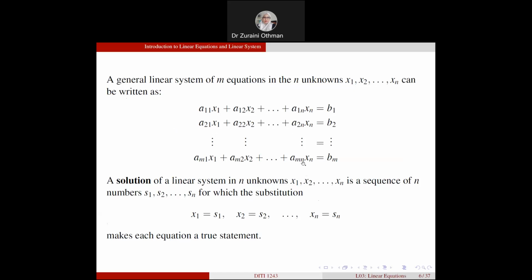This is the general form. A solution of a linear system in n unknowns x1, x2 until xn is a sequence of n numbers s1, s2, until sn for which the substitution makes each equation a true statement.